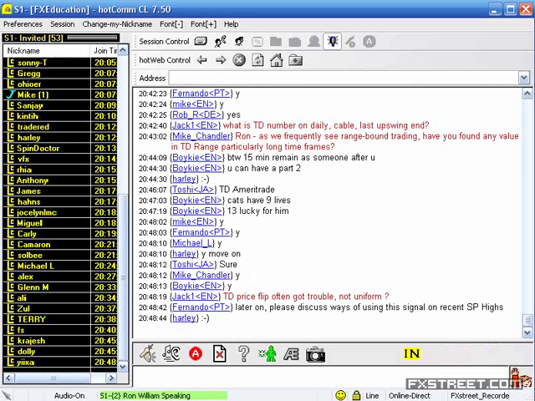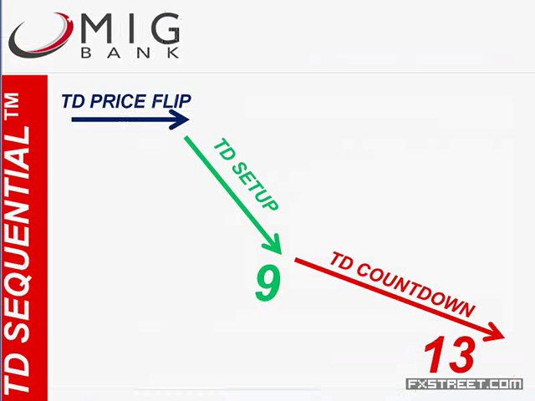Okay. Now, the TD price flip is the initiation process. The TD setup is quite an aggressive process. It's where you get the real directional move, and the TD countdown is more the exhaustion stage. So just keep in mind that from a psychological or market structure perspective, TD setup is the market direction.